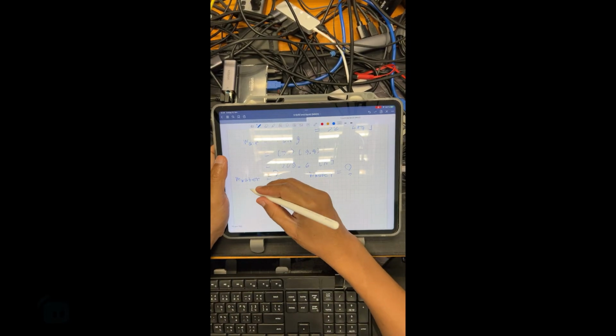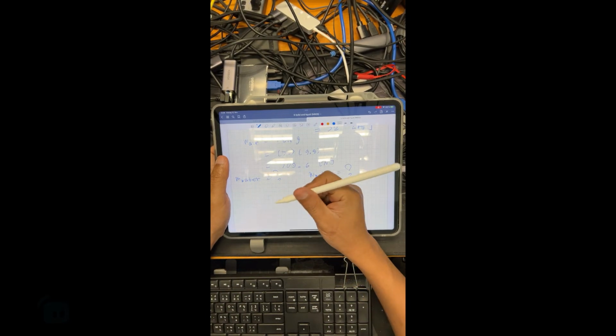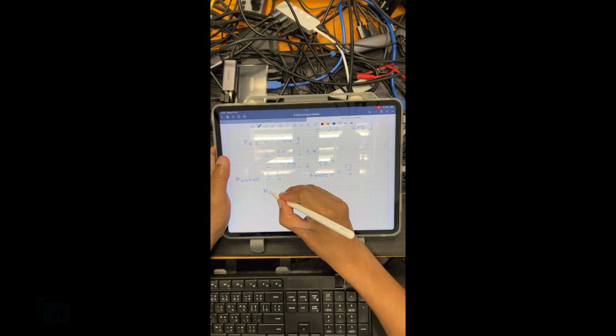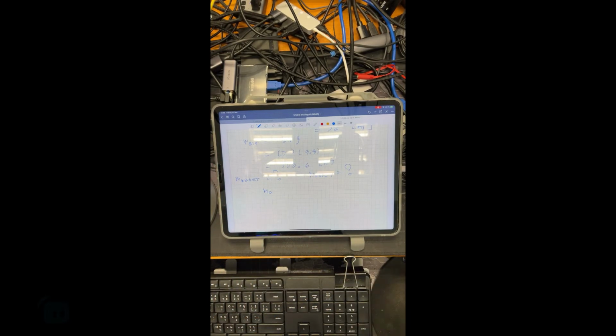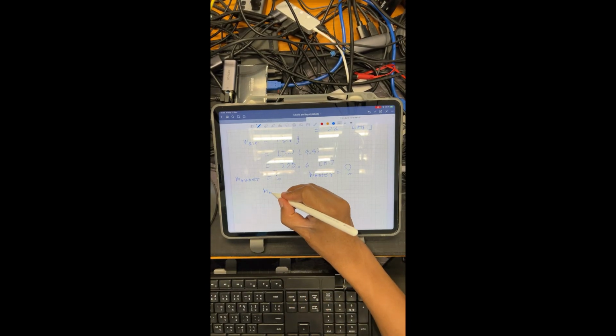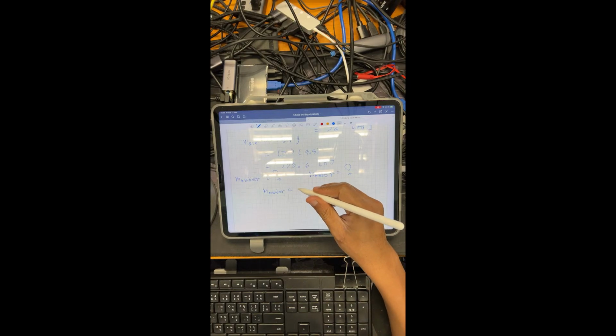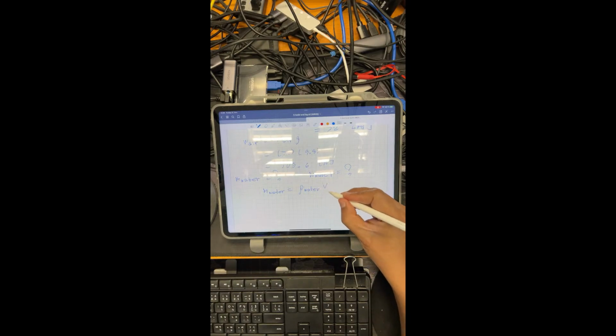Mass of water, again, could be found from rho and V, right? Mass of water is going to be found from rho of water times the volume of that room, because we will fill that room with water.